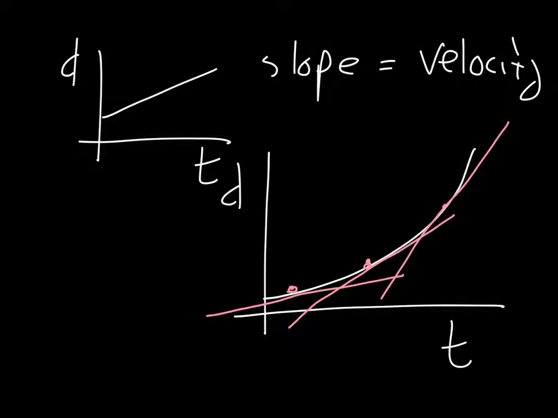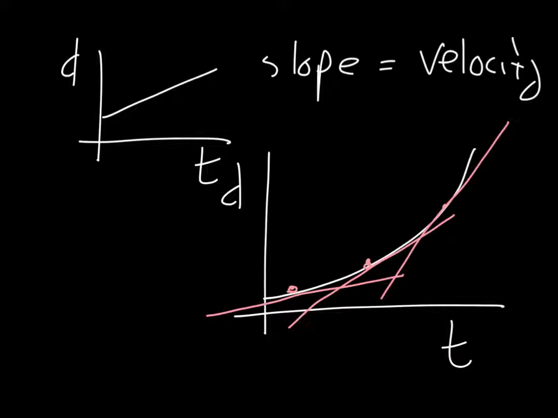So when you look at this point right here, I have a positive slope, but it's a shallow slope. And at this point right here, I have a positive slope, but it's steeper. Steeper slope means what? It's going faster. So I started out relatively slow, a little bit faster, so it's speeding up, right?